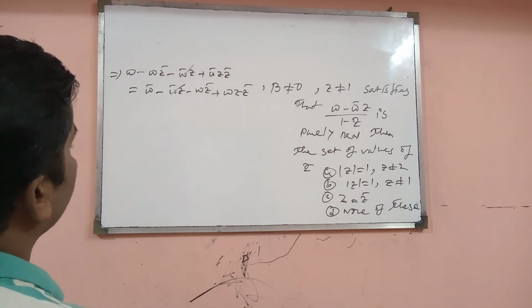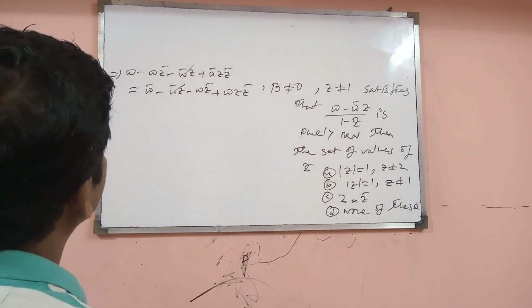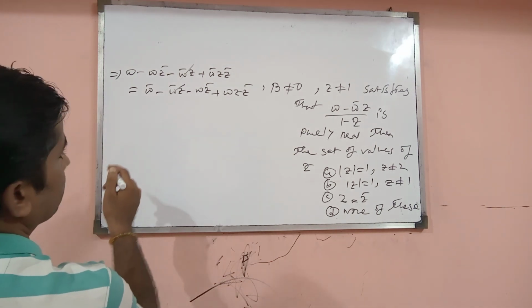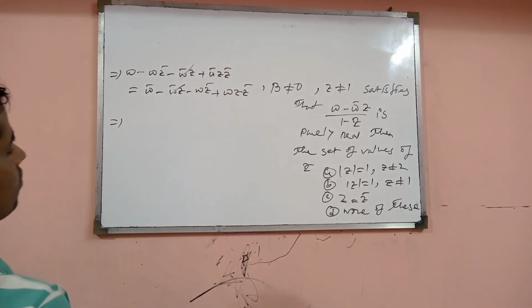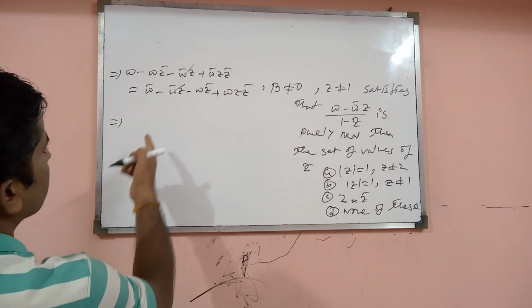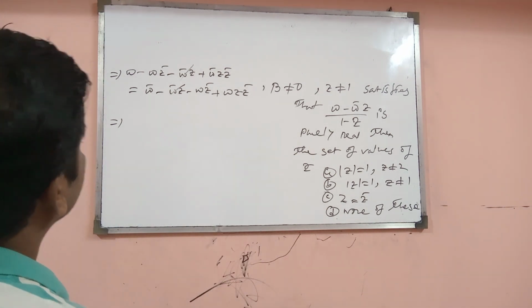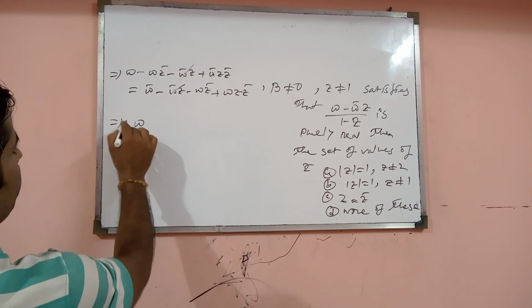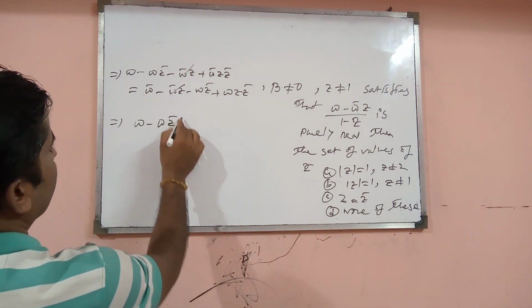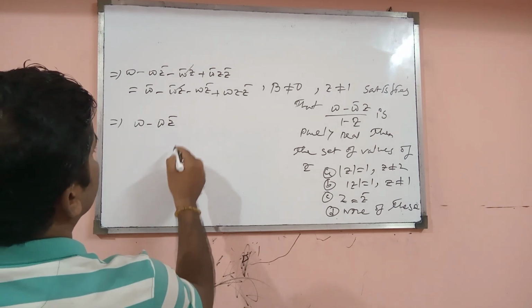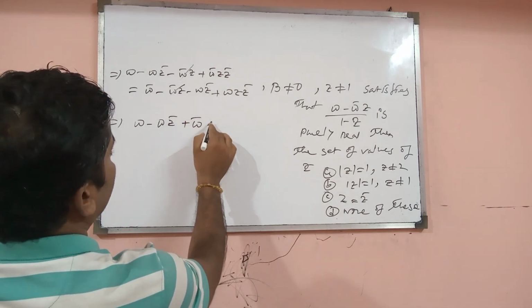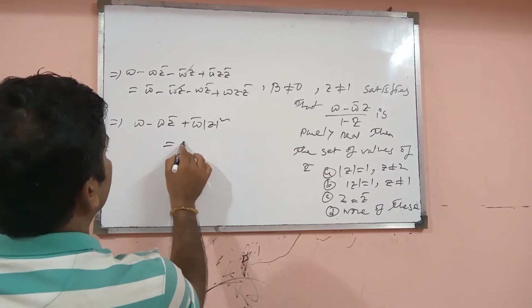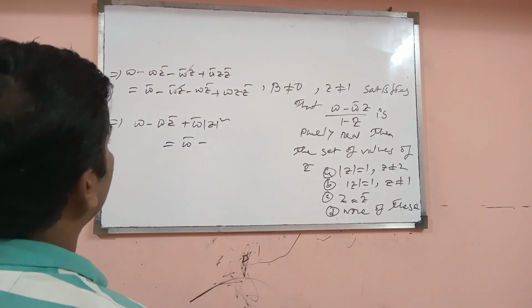Okay, and wz bar, yeah, w minus wz bar plus w bar z bar, mean it is mod z square is equal to w bar minus wz bar.